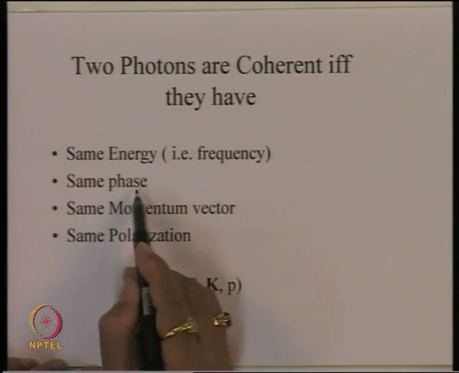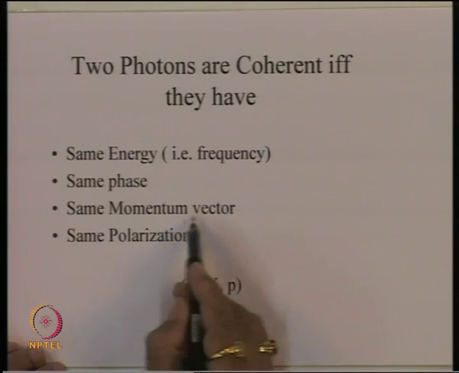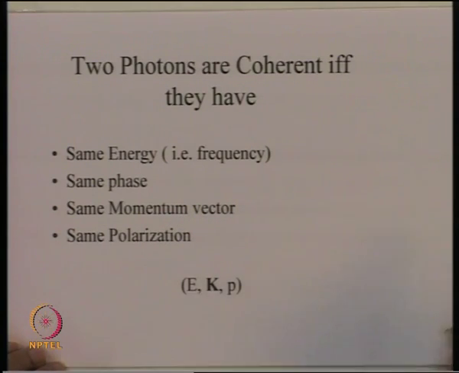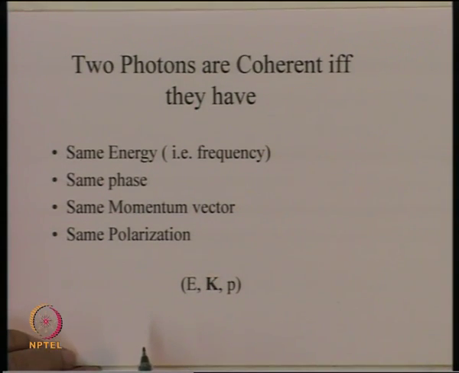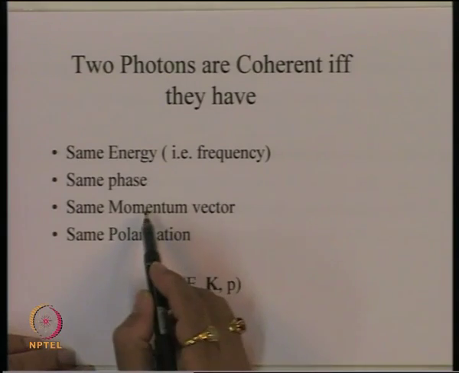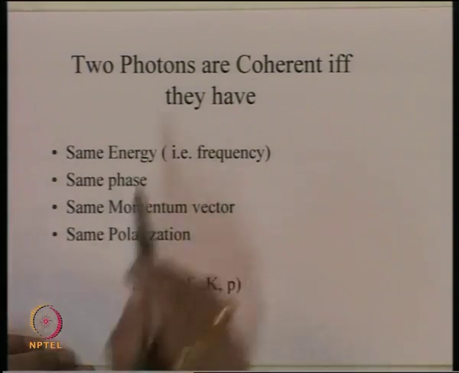They should have same phase. The photon should be moving in the same direction. As we saw for the spatial coherency, all the photons moving in the same direction, the beam is highly directional. So, this comes from the spatial coherency, this comes from the temporal coherency.